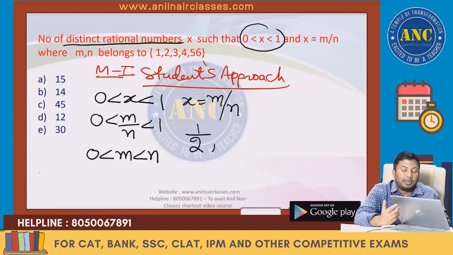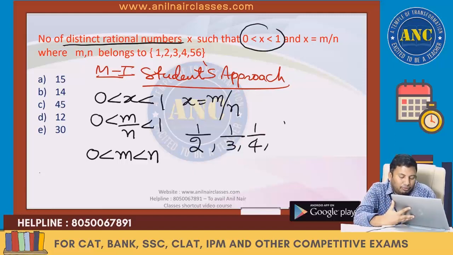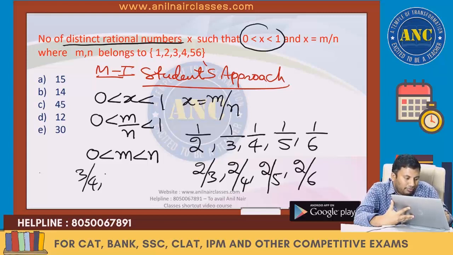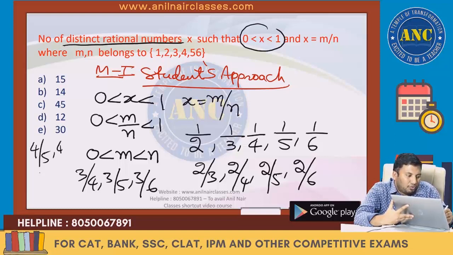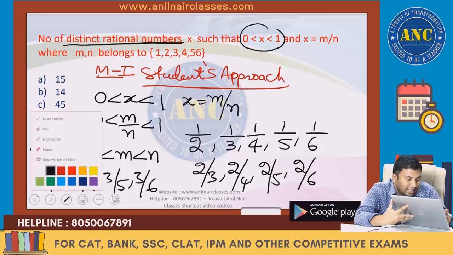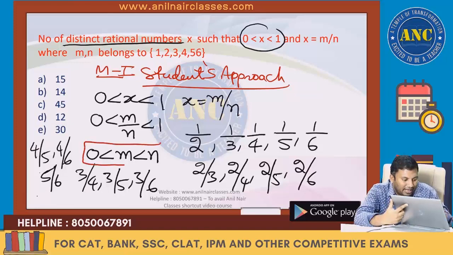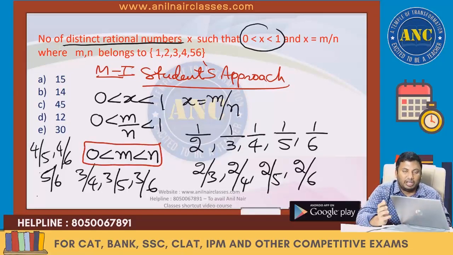I am taking m equivalent to 1. 1 by 2, 1 by 3, 1 by 4, 1 by 5, 1 by 6, 2 by 3, 2 by 4, 2 by 5, 2 by 6, 3 by 4, 3 by 5, 3 by 6, 4 by 5, 4 by 6, and 5 by 6. Numerator should be less than denominator. Don't forget this condition. Don't take 3 by 2.